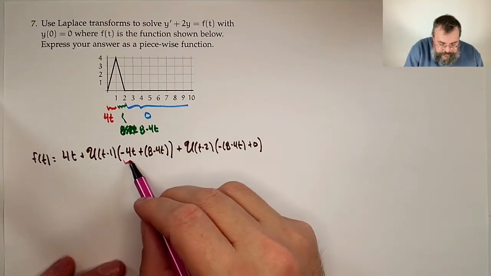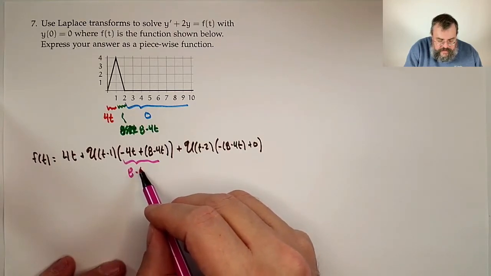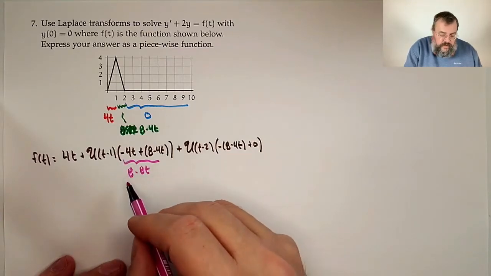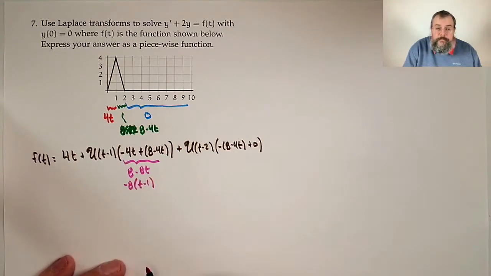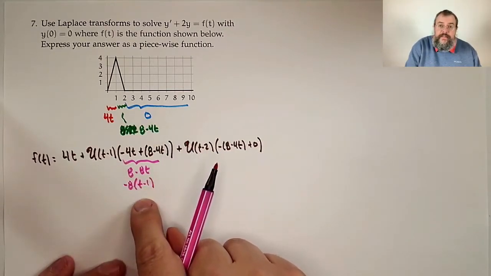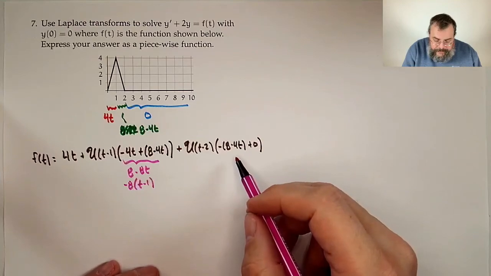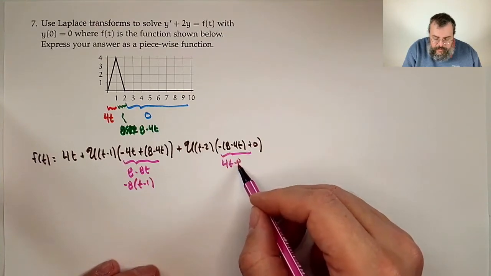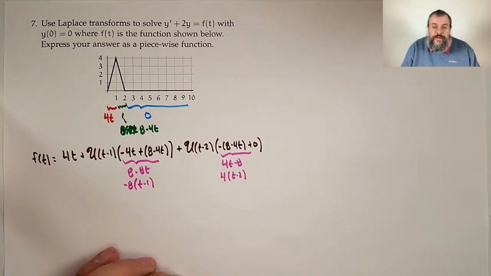This part, that's the same as 8 minus 8t, right? Because I can put the minus 8t's together. Or the same as minus 8 times t minus 1. Now that's nice. It's really nice, actually. Beautiful. Now how about here? Well, this is really the same thing as 4t minus 8, which is the same as 4 times t minus 2.